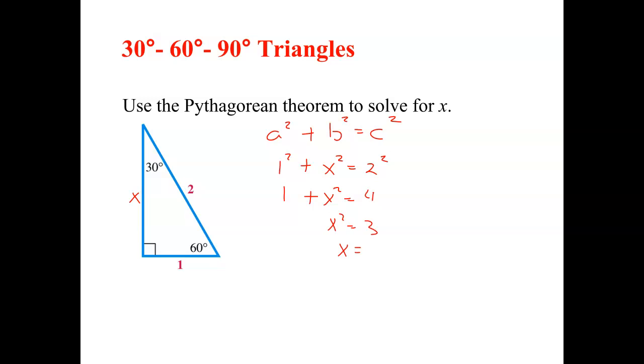What does x equal? Square root of 3. Okay? So x is the square root of 3. Every single 30, 60, 90 triangle is proportional to that ratio. Legs 1, root 3, and the hypotenuse 2. And so when we take any 30, 60, 90 triangle and we make it bigger, I can have side lengths of whatever that are proportional to that.